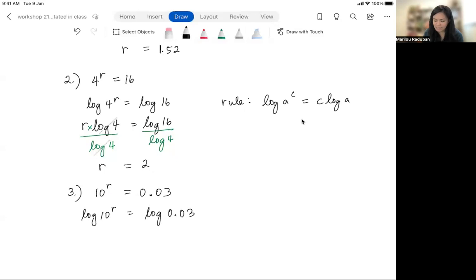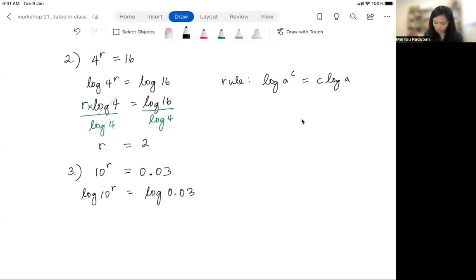Because it's base 10, that log will just cancel out the base 10, and so you just have r on the left side, and you can do log of 0.03 in the calculator, which is negative 1.5.